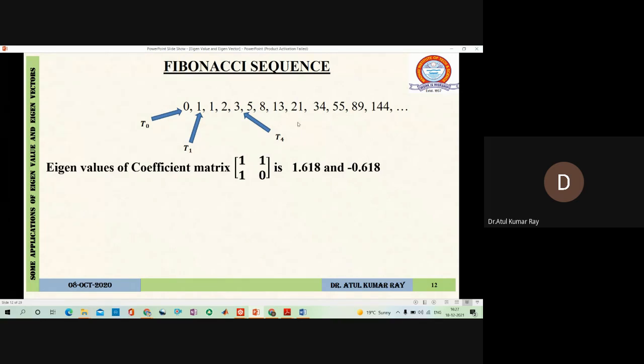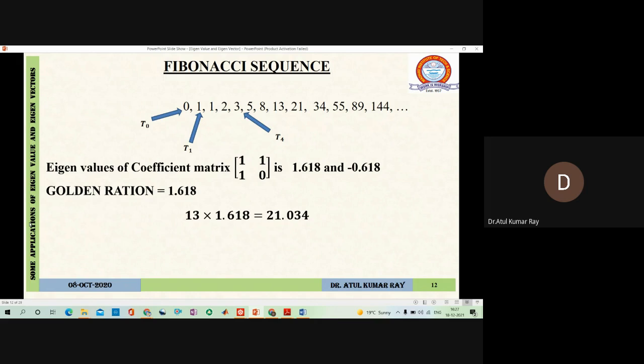This eigenvalue 1.618 is not just a number. This number is called a ratio, and what ratio? Golden ratio. So this is a special one. This eigenvalue is special because it works for the longer run.